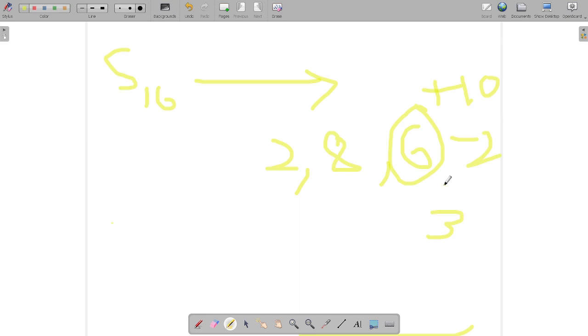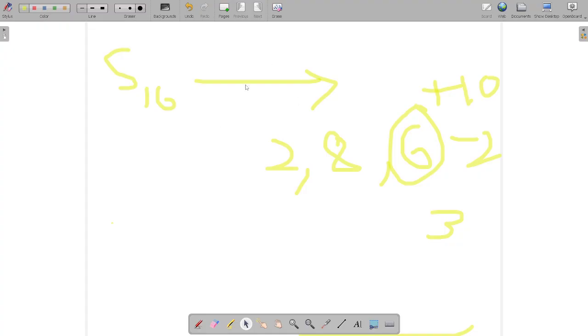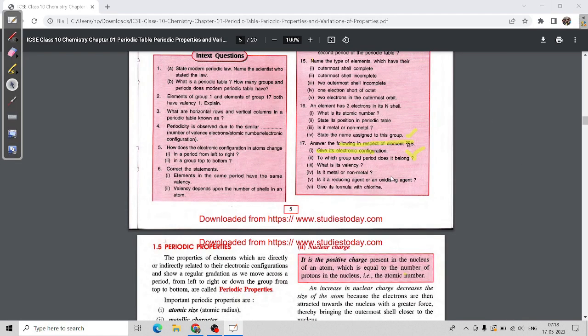Then is it a metal or non-metal? It is a non-metal. Sulfur is a non-metal. Then next, is it a reducing agent or an oxidizing agent? It is an oxidizing agent because non-metals are good oxidizing agents.